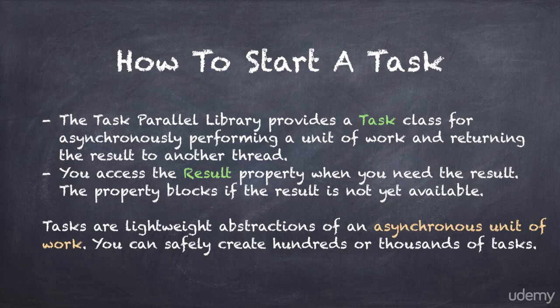You access the result property when you need the result of the task. The property automatically blocks if a result is not yet available. Tasks are lightweight abstractions of an asynchronous unit of work, and you can safely create hundreds or thousands of tasks.